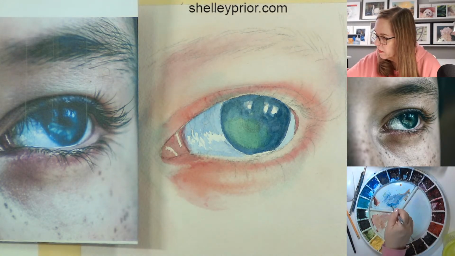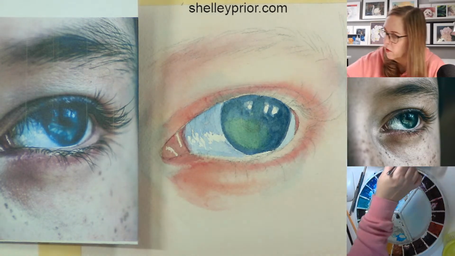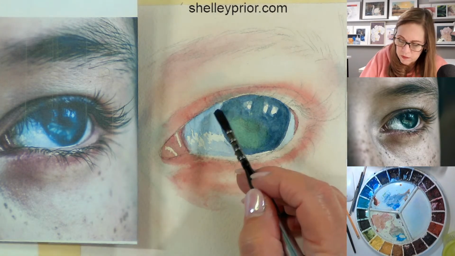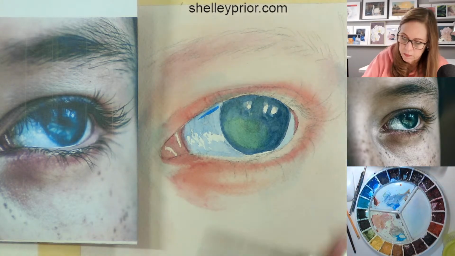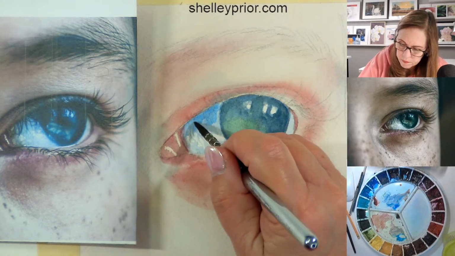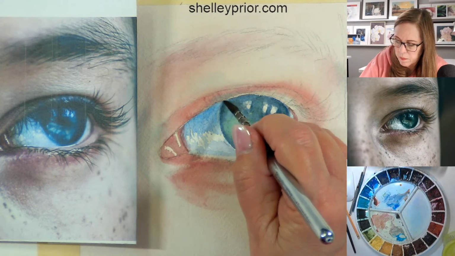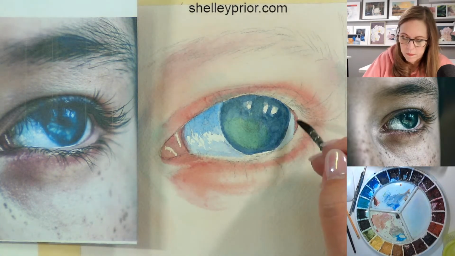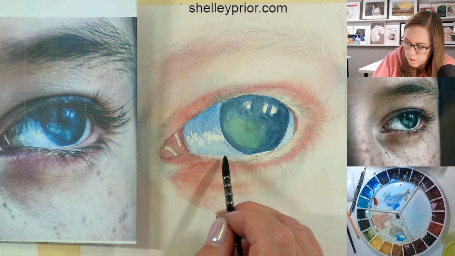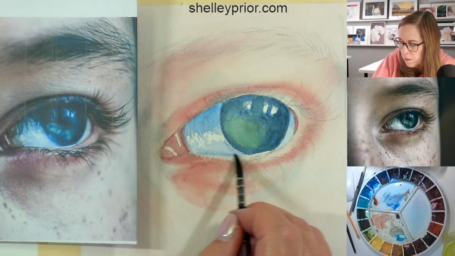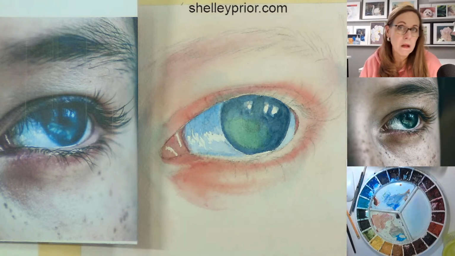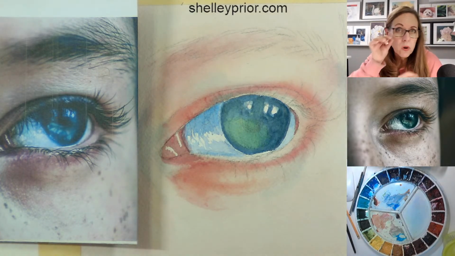I almost think that some of this blue could be even darker than I have it. Now that I got rid of most of the white, I feel like I could make some of this blue a little bit darker. Maybe not that dark, but you'll see that the more I add color to the white of the eye, the more that little shine shows up.